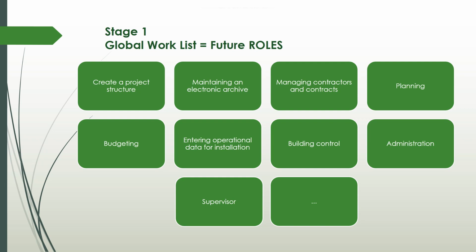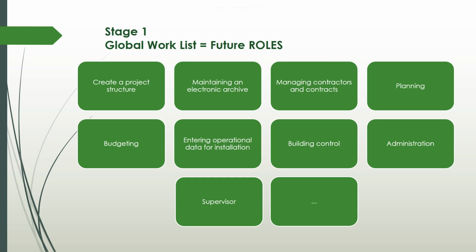Budgeting. It is also possible to generate a preliminary budget from the directory of the consolidated unit prices or from the previous projects. We can form a budget according to the work documentation when there are estimates. We can form a budget already under contracts with contractors when there are real contractual estimates or unit prices.